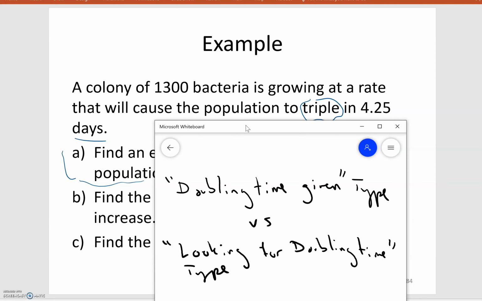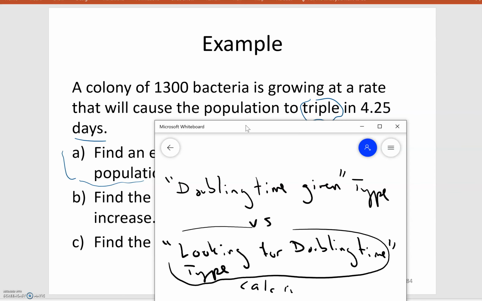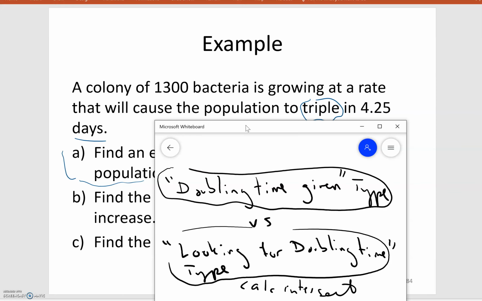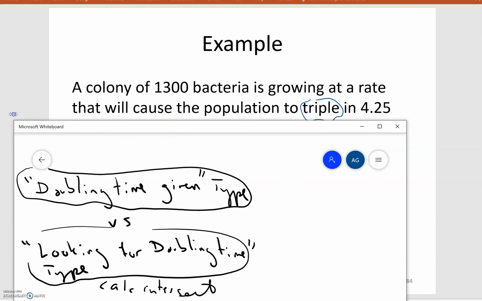The latter type of problem, when we're looking for the doubling time, is when you're going to use calc-intersect, and you have to have the model. Now, the first type, when we are given the doubling time, let me make this window a bit larger, is really going to amount to a two points given type.